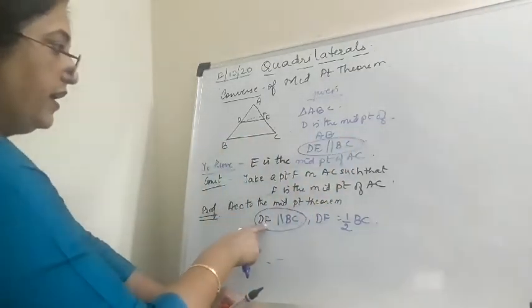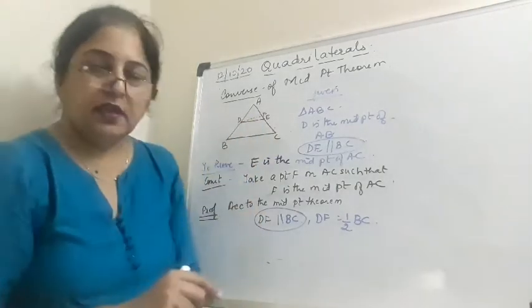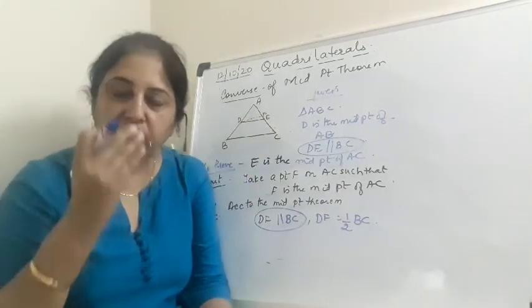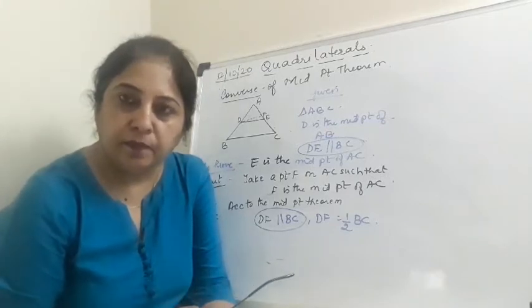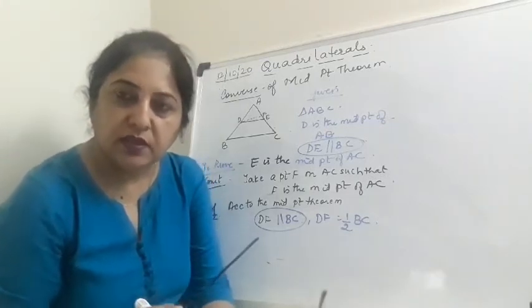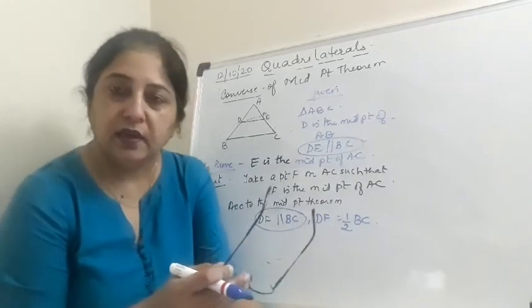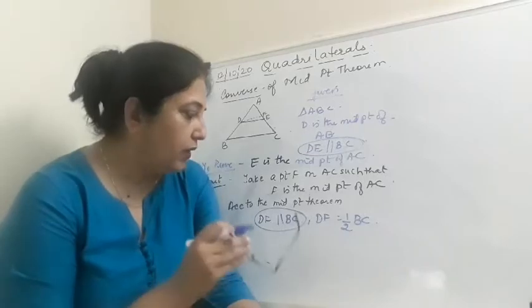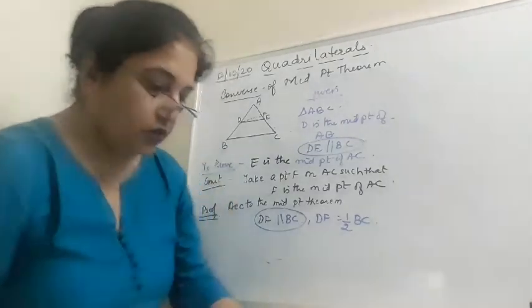If I say DF and DE, these two are intersecting lines. Can two intersecting lines be parallel to the same line? So you will say no, because this is against the parallel line axiom, that two intersecting lines cannot be parallel to the same line.